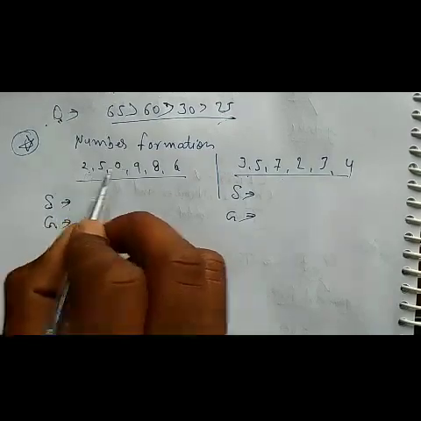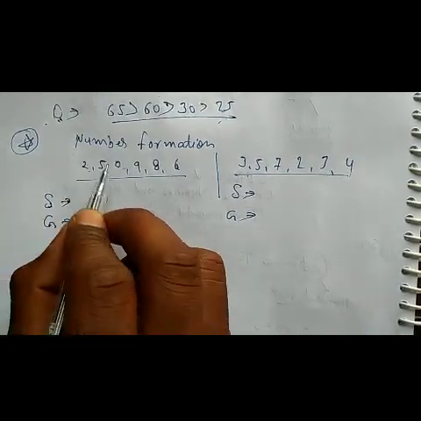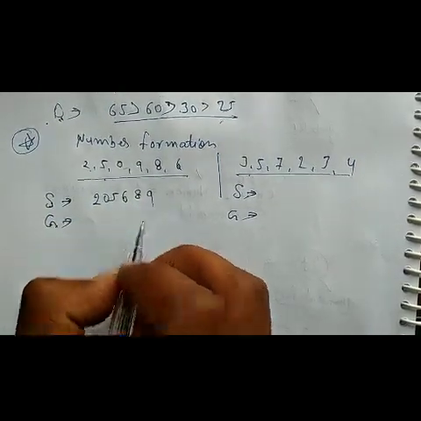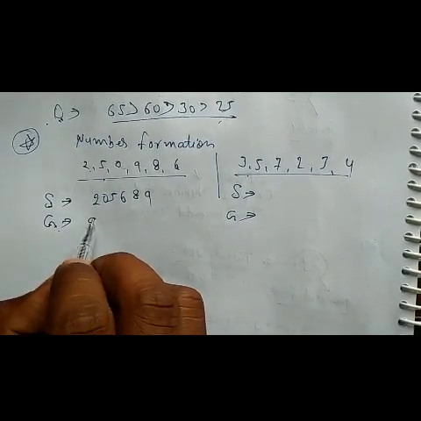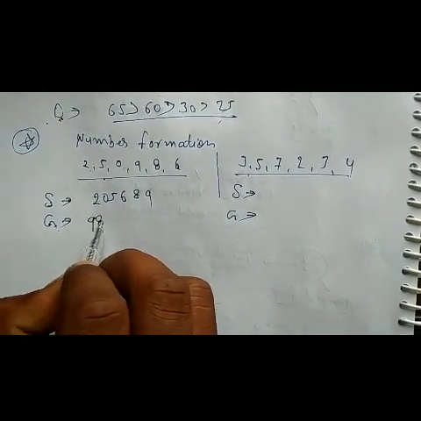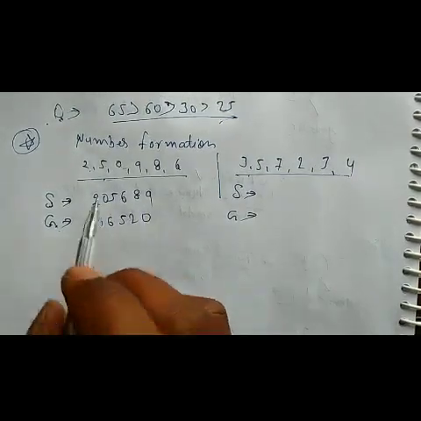So the smallest number using the digits 2, 0, 5, 6, 8, 9 has 0 at the second place from the extreme left, and the greatest number, in descending order, is 9, 8, 6, 5, 2, 0.